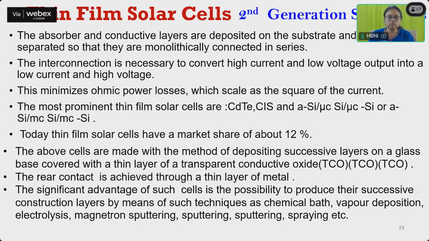Before going into that, do any one of you have any questions? No questions? No doubt? Okay. So just take 1 minute of break and then we will start with the second generation of the solar cells. Okay.